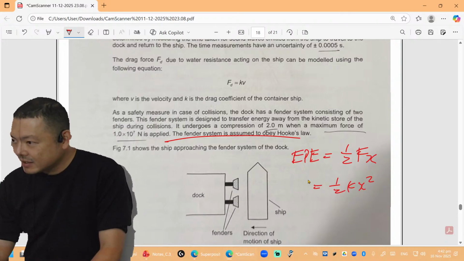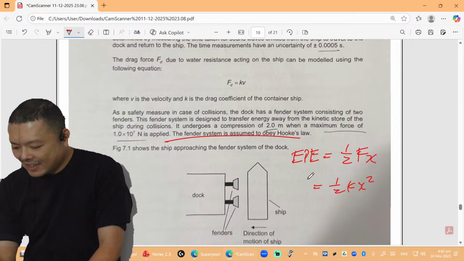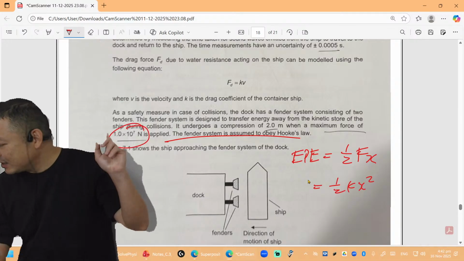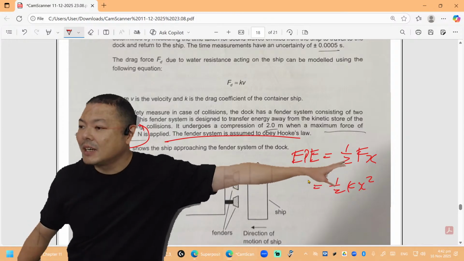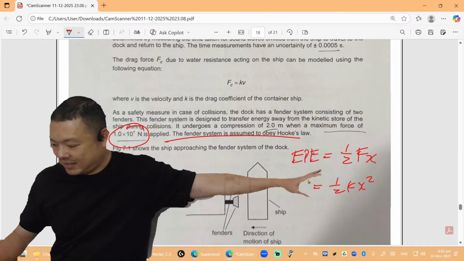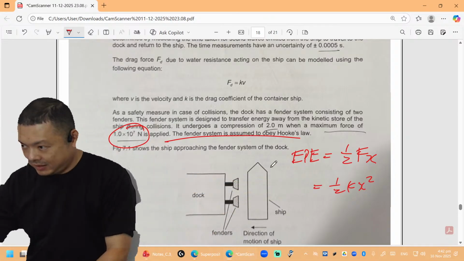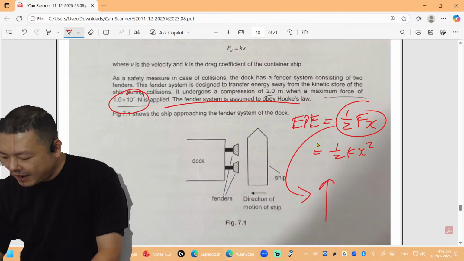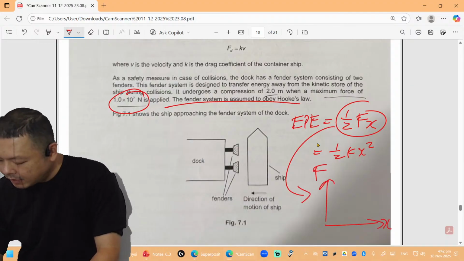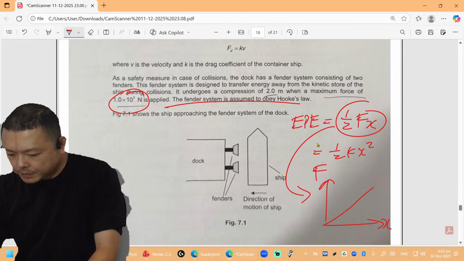Oh, you did? So elastic PE is half Fx. Why? From the graph of F versus x, you will get a straight line like that.